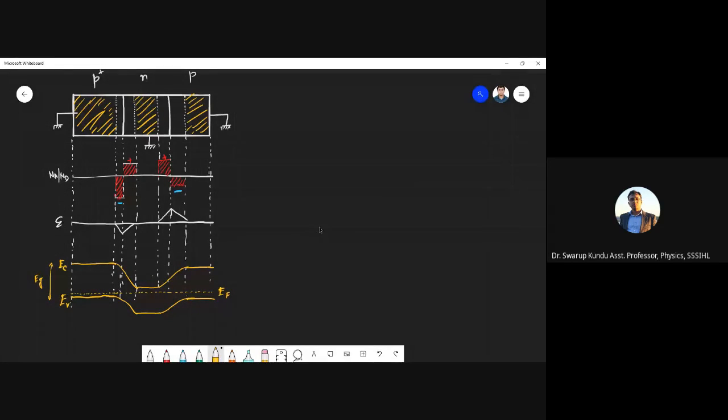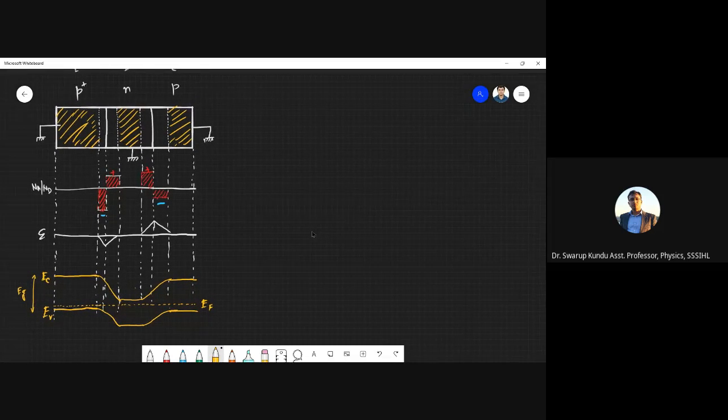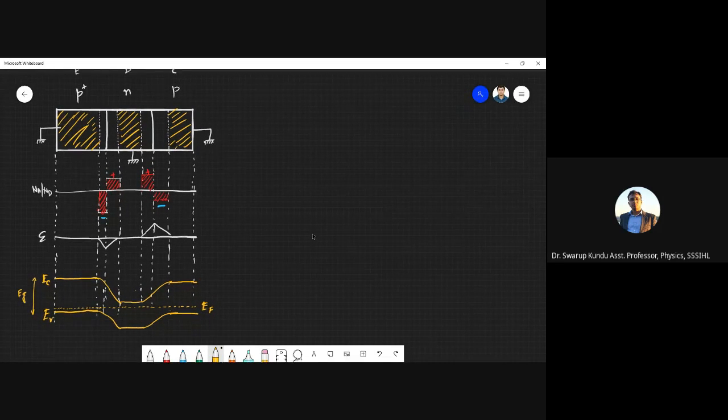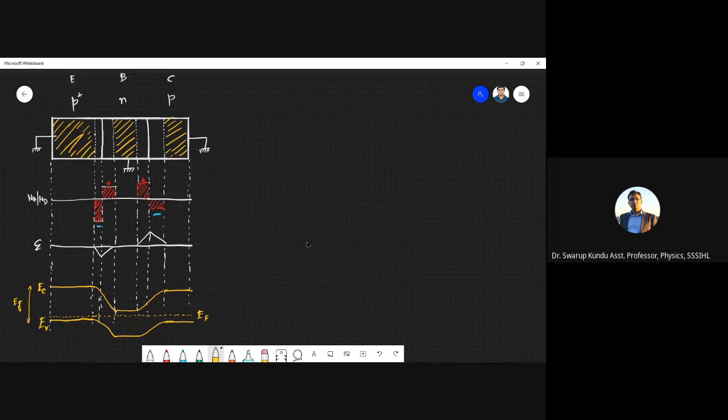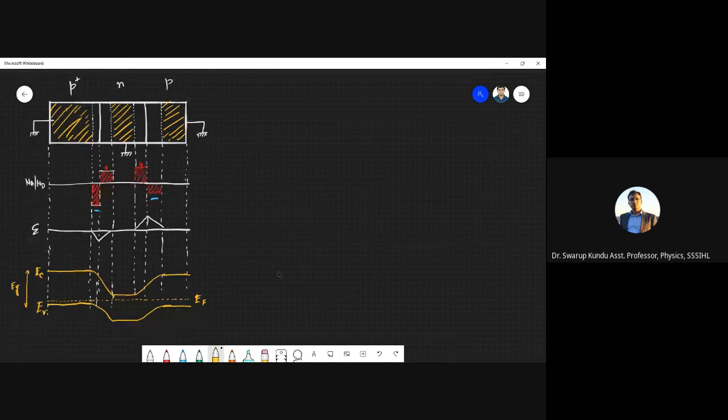Right, so now we'll try to do it for a forward bias, active mode operation. In active mode, how will this band structure be? We'll do it just below.